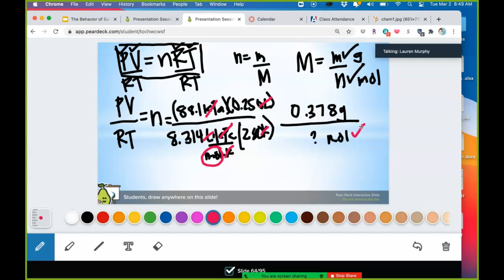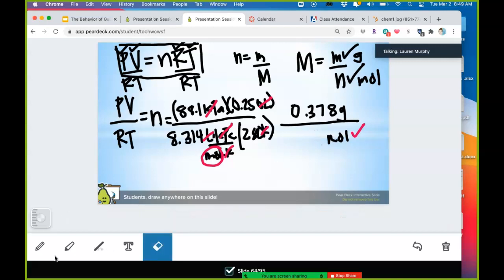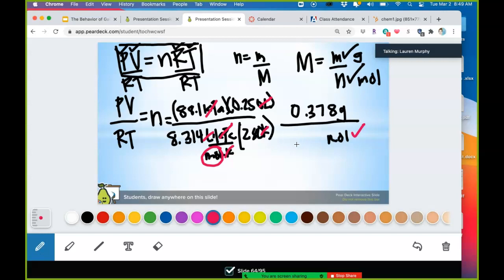When you have two things in the denominator, it's helpful to hit your divide button twice. What I mean by that is 88.1 times 0.25, then hit your divide button, 8.314, and then hit your divide button again, because both of those are in the bottom. Sometimes when you use parentheses, it can mess up your two numbers in the denominator. So the number of moles I got was 0.00946 something.